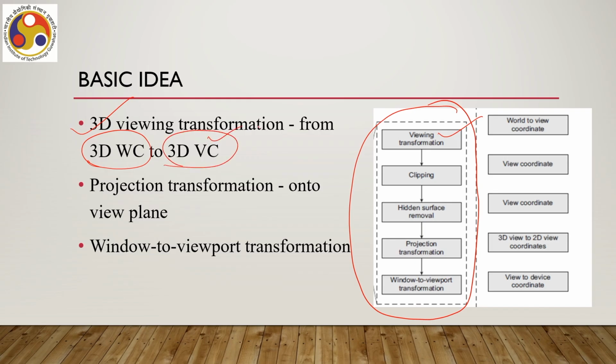So, we define a view coordinate system, then perform a transformation operation that transforms the 3D world coordinate scene to the view coordinate system. Now, this is akin to saying that we are looking at the scene through the camera lens.